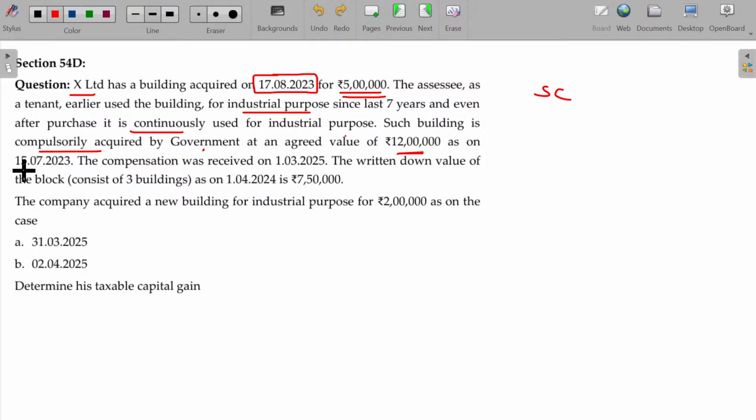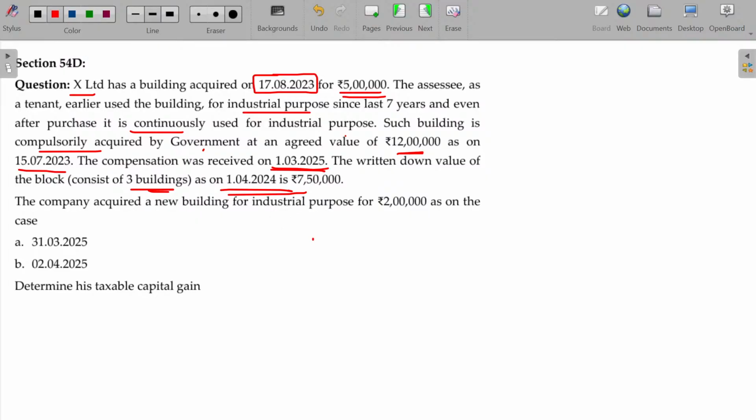Right. As on 15/7/2023. But the compensation received on this date, 1/3/2025, the written down value of the block consisted of 3 buildings as on this date. So what happens here?